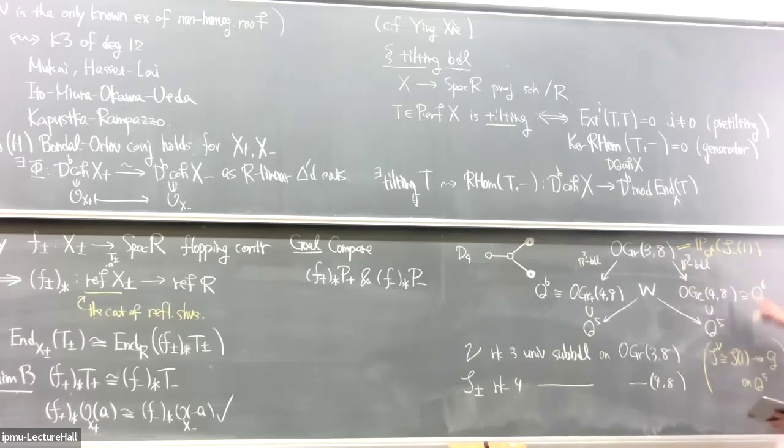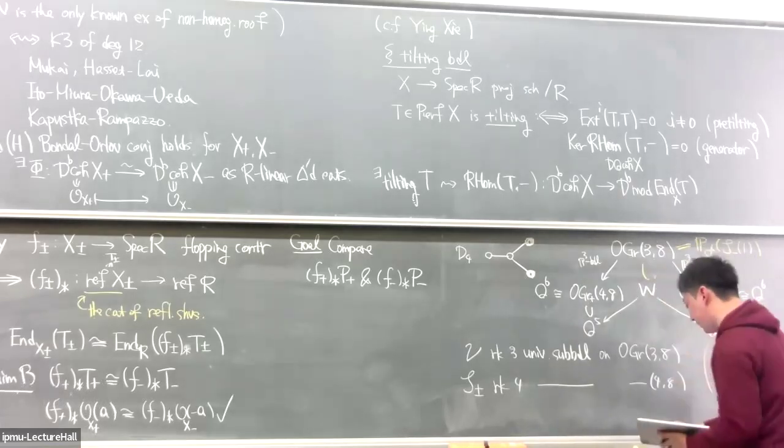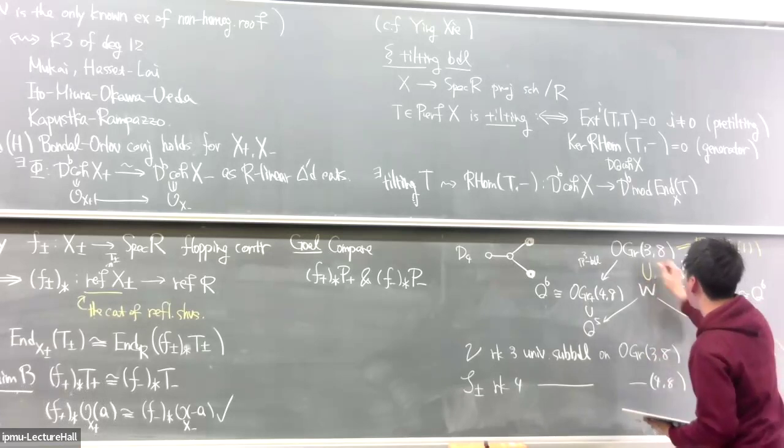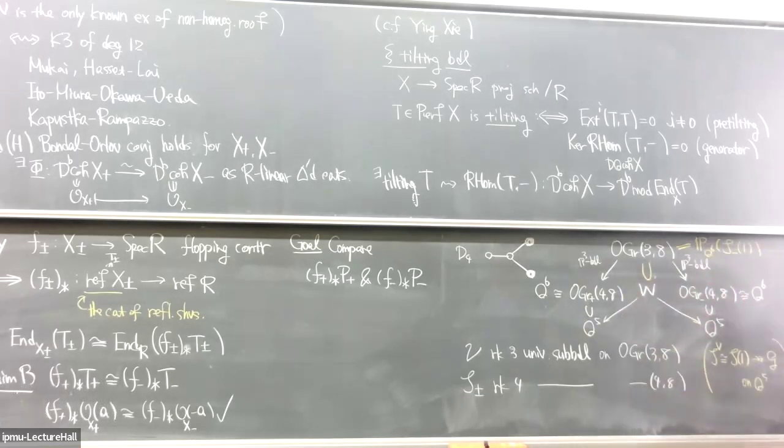This one is a projectivization of this bundle on quadric 6, and this one is a projectivization of this bundle on quadric 5. Anyway, there exists a natural map, and everything commutes.